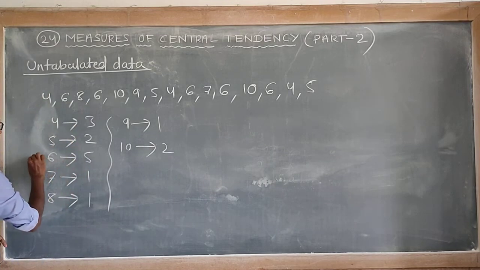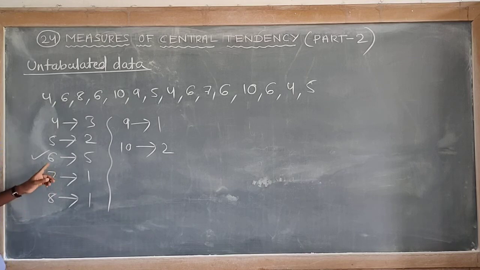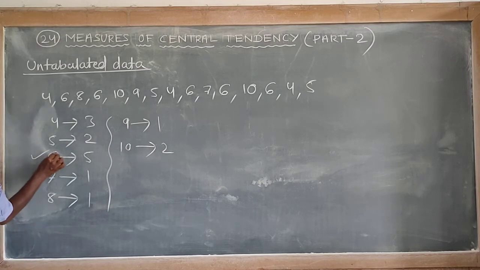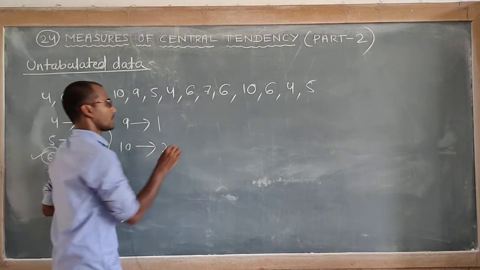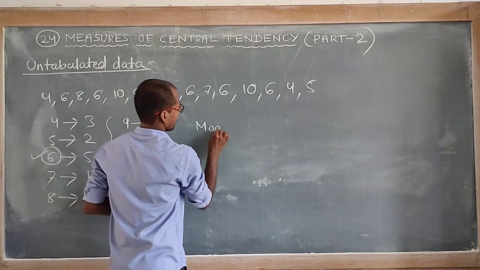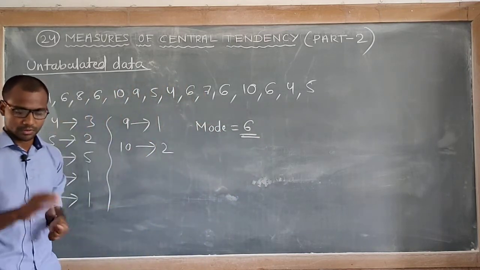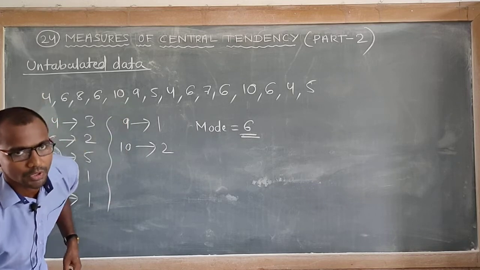See this one. The value 6 occurs in the set of data 5 times. It has the highest frequency, so the mode is 6. Okay, mode is equal to 6 for this set of data. Okay, this is for untabulated data.